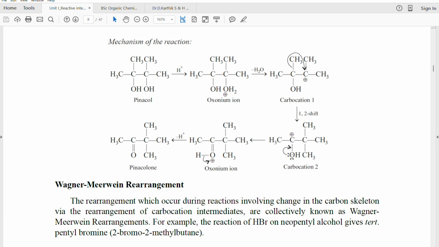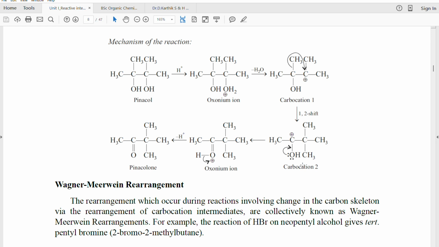So the oxygen has a lone pair here. That lone pair can be given to this carbocation to stabilize it even more, right? So for that, even though it is tertiary, the 1,2 alkyl shift happens, that is the CH3 group migrates from this carbon to the adjacent carbon and it produces another carbocation.